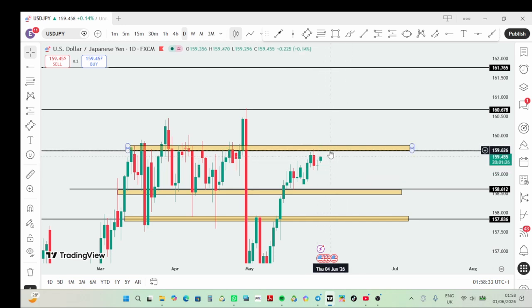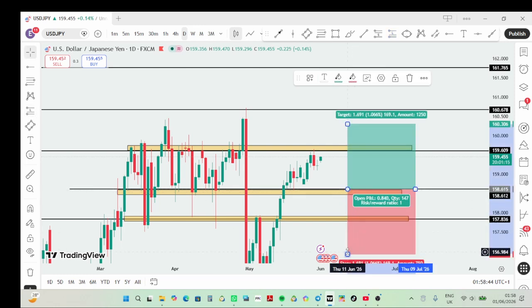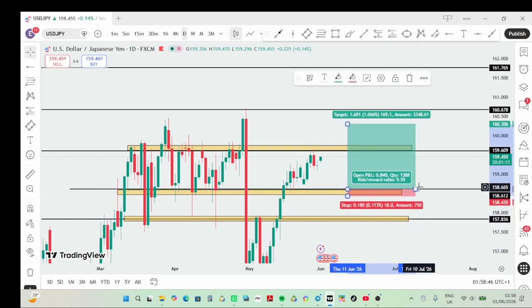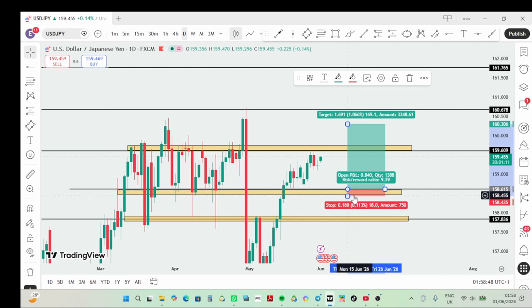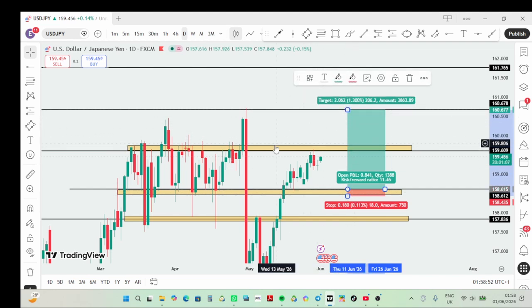So at this point, the market might decide to sell here, then fall to this point. But what I will be anticipating more is, let's see if the market will bounce off, we push down to this point, then we look for a bullish move up to this level. But let's see if the market will bounce off the pressure.